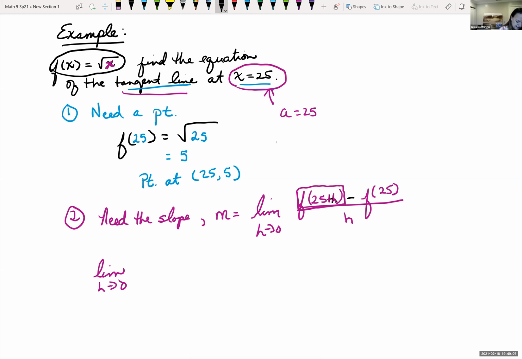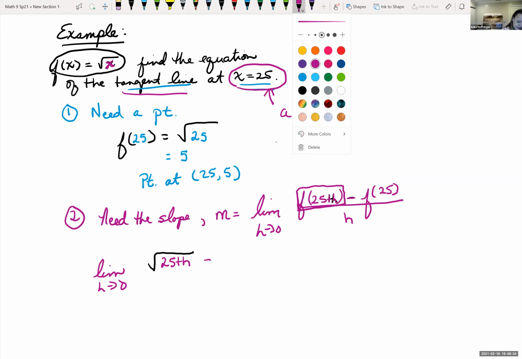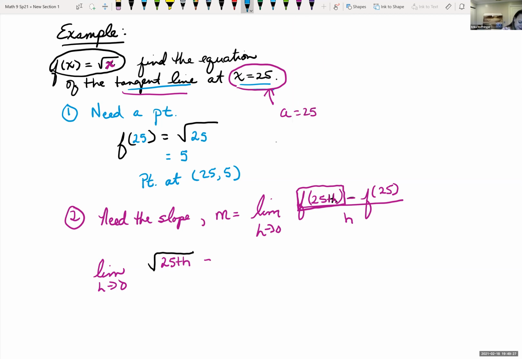So this is equal to the square root of 25 plus h, minus f of 25. We actually found f of 25 right here, that f of 25 was 5. So we have minus 5, all over h.